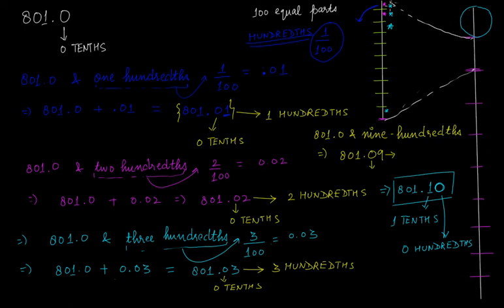Let's suppose that after having this line segment, we reach to this point. Now once again you are given this one portion. Now again this one portion is what? 1/100, right?